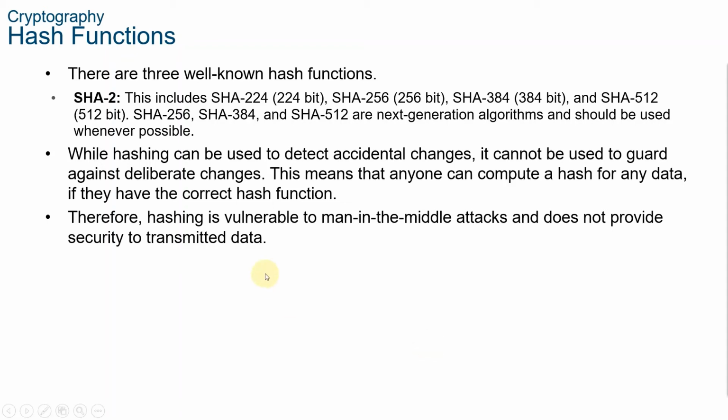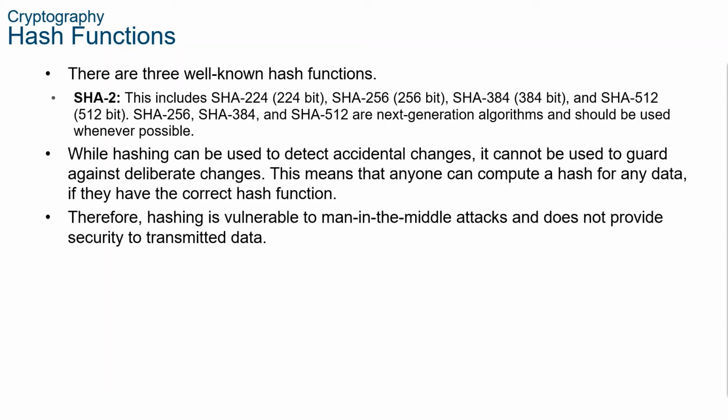For example, when the message traverses the network, a potential threat actor could intercept the message, change it, recalculate the hash, and append it to the message. The receiving device will only validate against whatever hash is appended. So take note, therefore, hashing is vulnerable to man-in-the-middle attack and does not provide security to transmitted data.